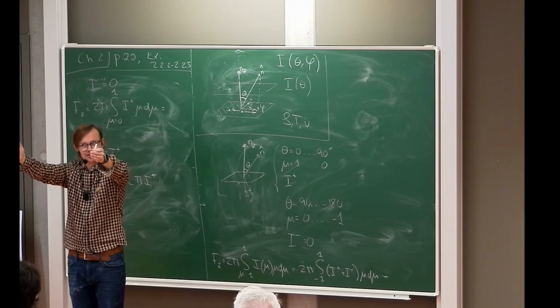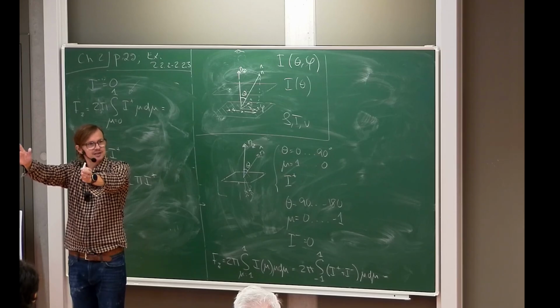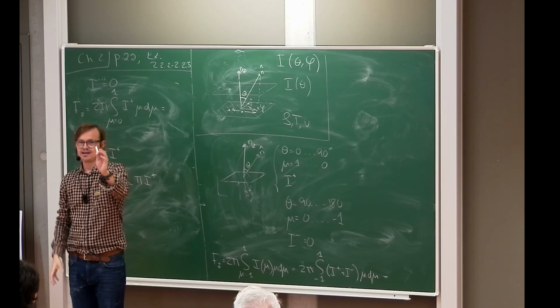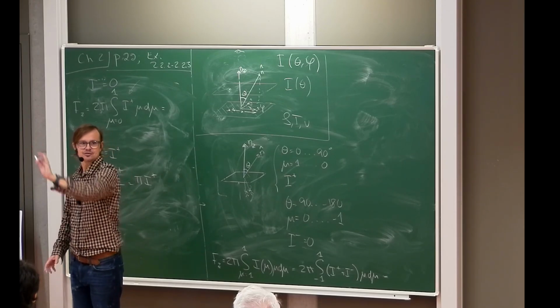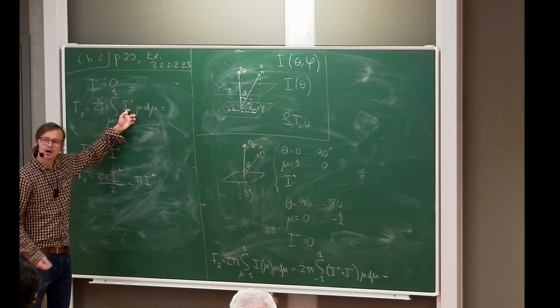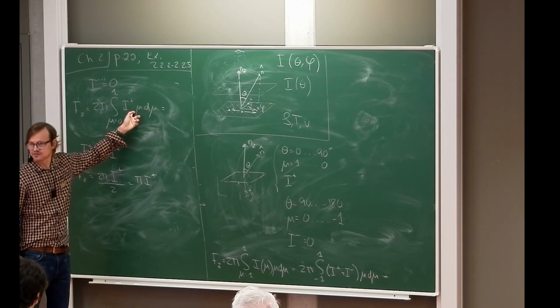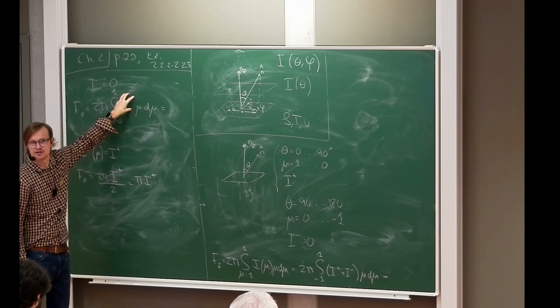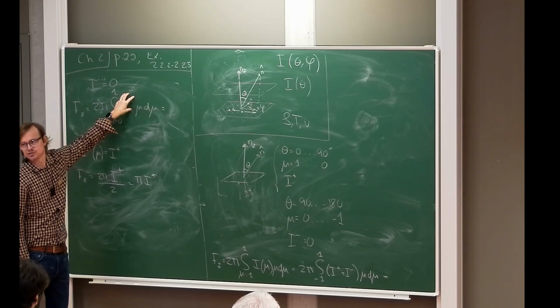That's why it's called limb darkening. So the limbs of the object actually look darker than the central portion. And we're going to use this law to explain that phenomenon, with a certain functional behavior.